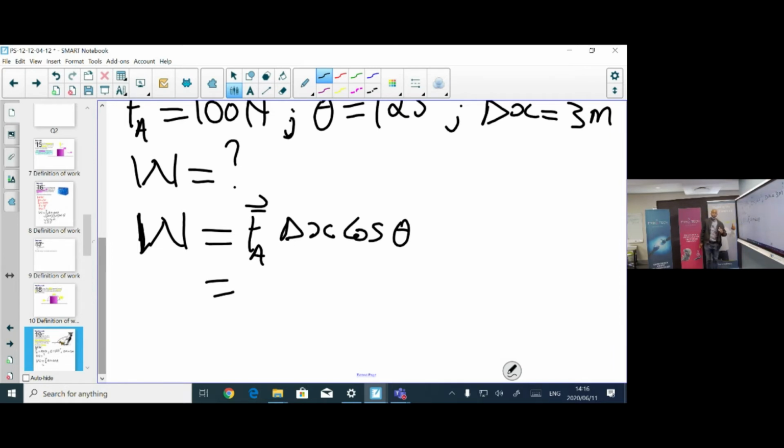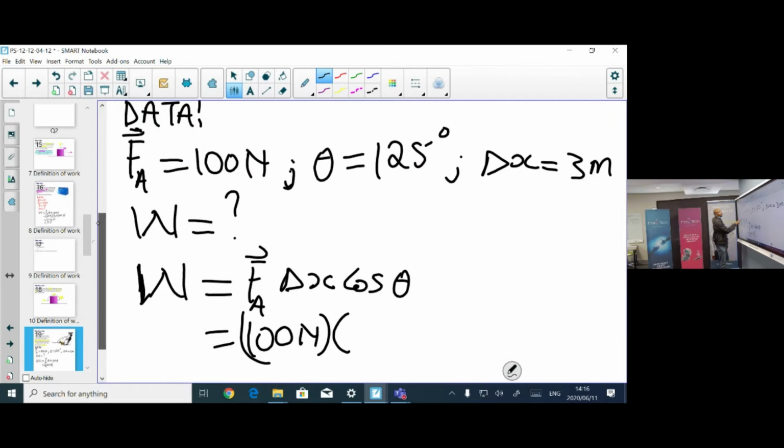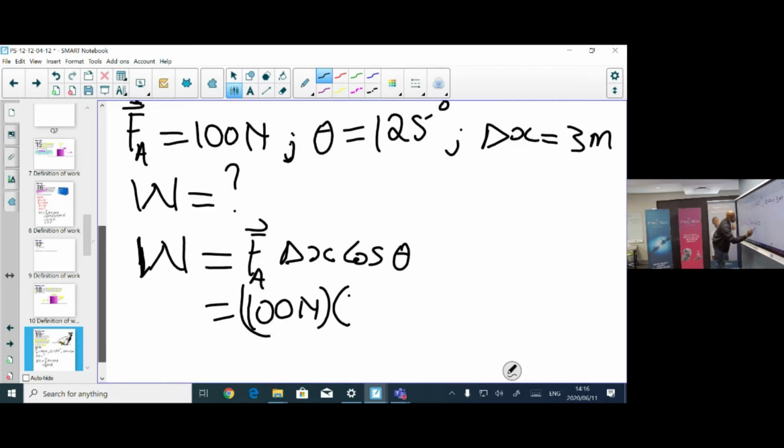Let us substitute our values into our formula and see what we are going to get. The force applied is 100 Newton multiplied by change in x is 3 meter there.